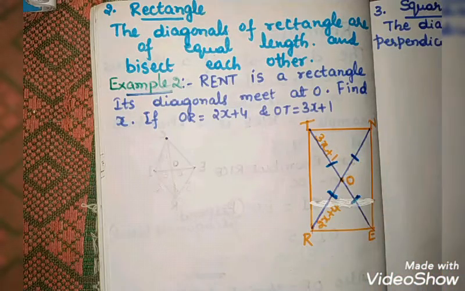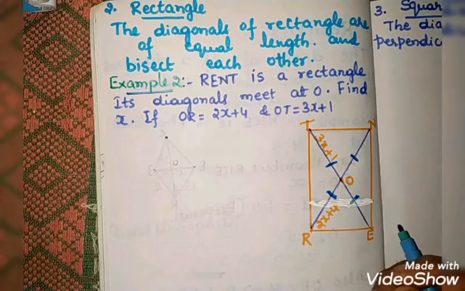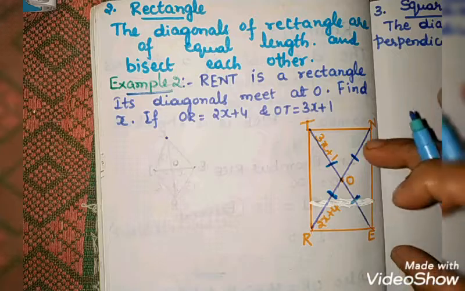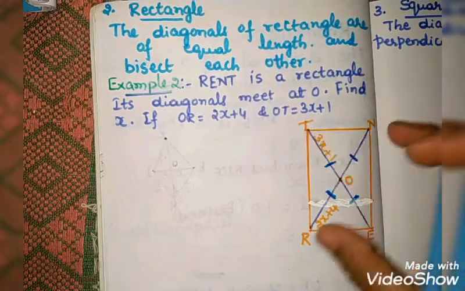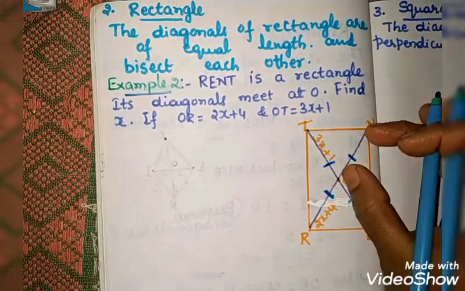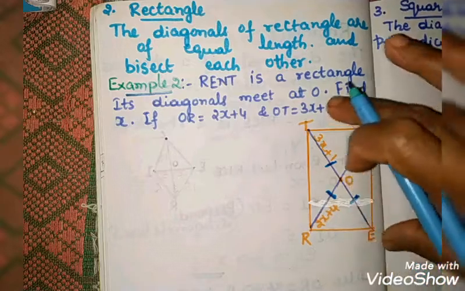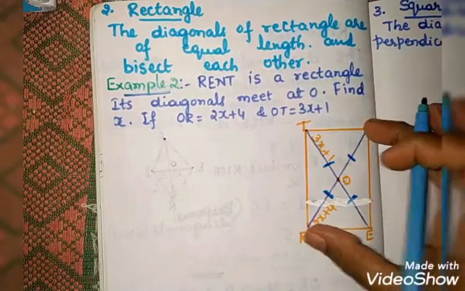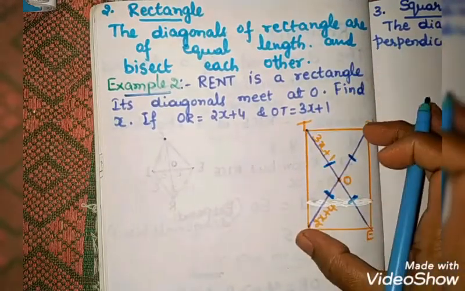Can it be equal? Yes, I say. Why are they equal, children? Because as we know, the diagonals are equal, their halves are equal. Correct? ET is equal to RN.